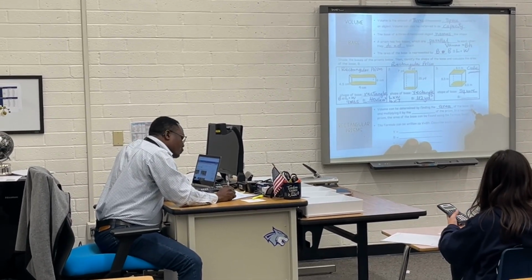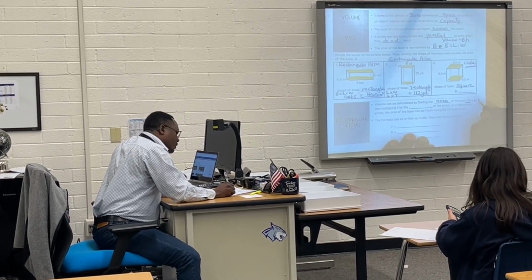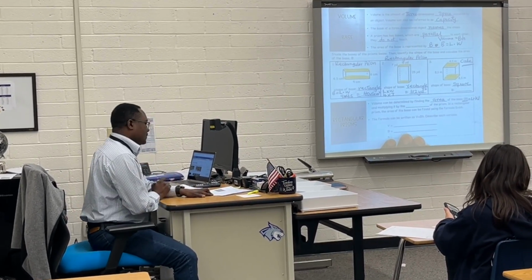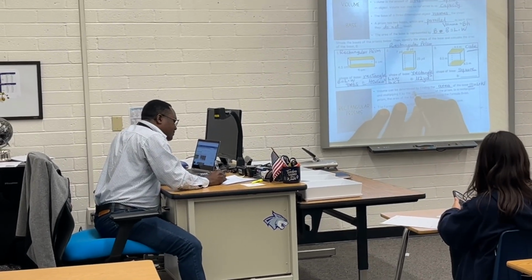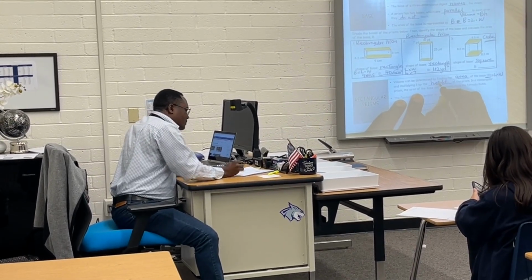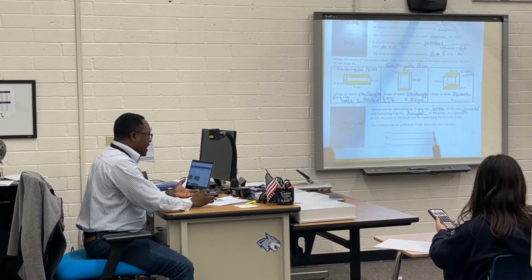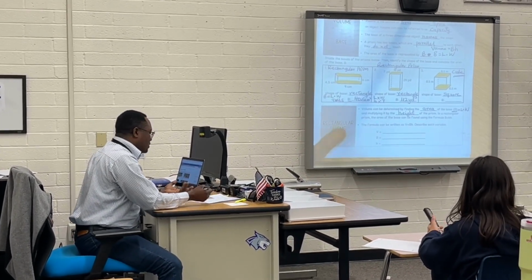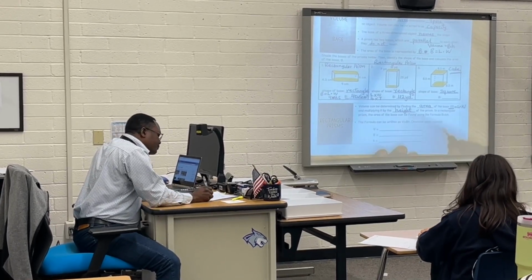We know the base area is always equal to the length times the width, and multiply by the height. Now this is the same as the length times width times the height.